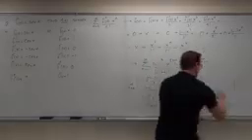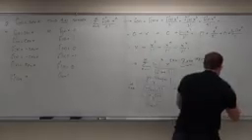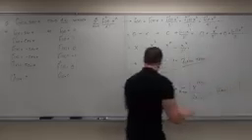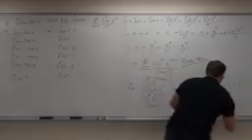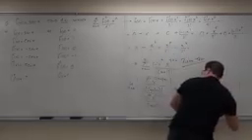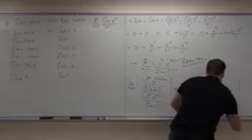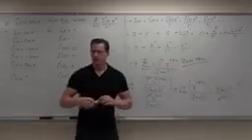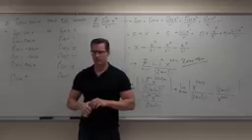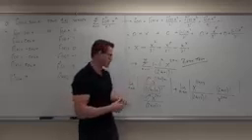Here, we're going to get 2k plus 1 factorial, and then here, x to the 2k plus 1. Y'all still all right with that one? Just some algebra, we multiply by the reciprocal.